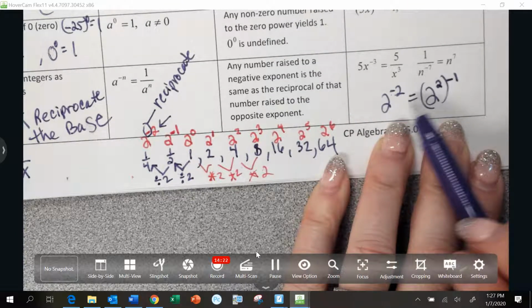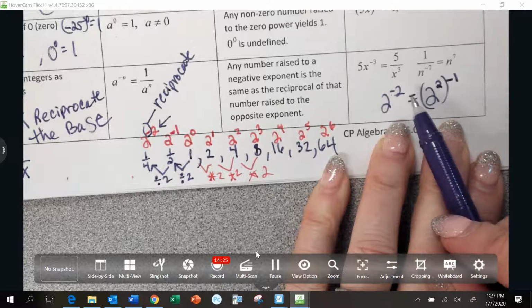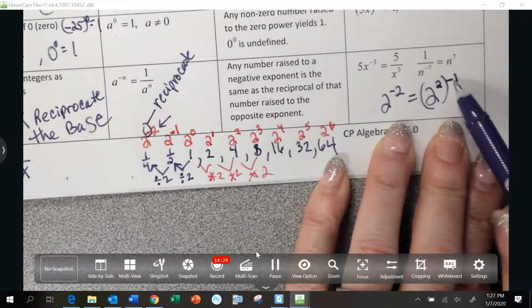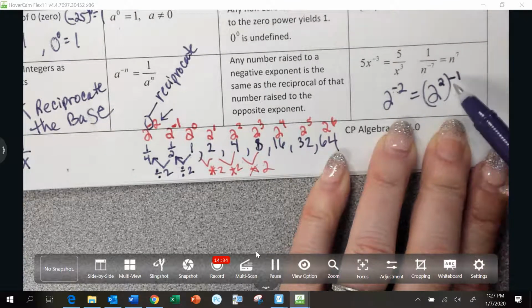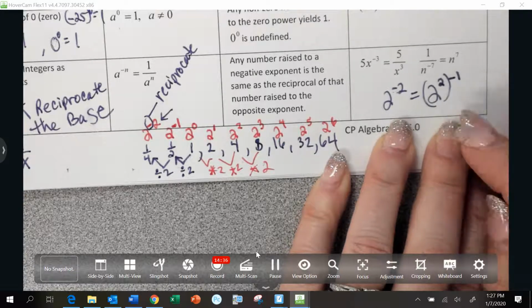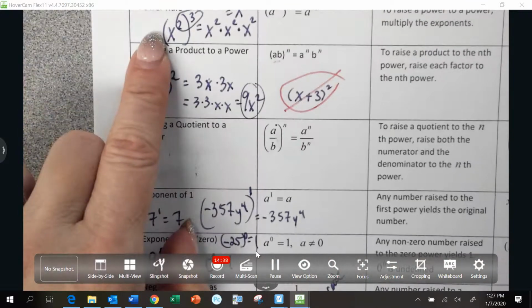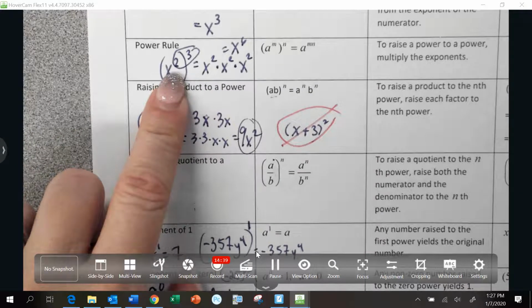Is that correct? Okay, so what I did, I'm using the power rule, just backward.